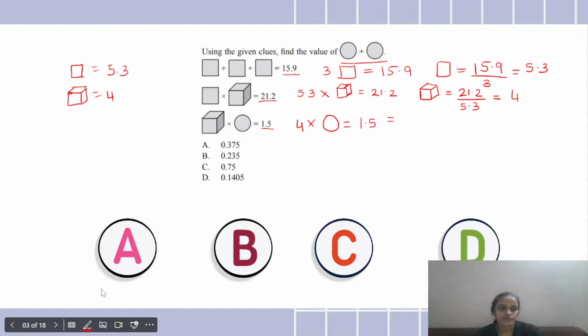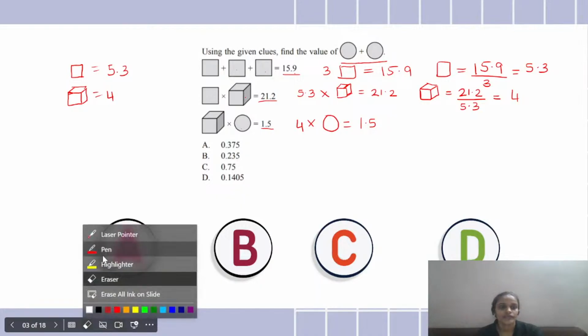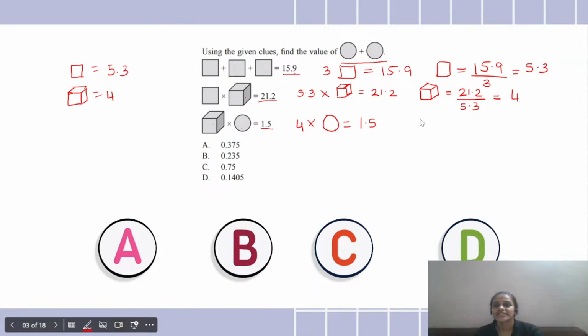So what will my circle be equal to? Here my circle will be equal to 1.5 divided by 4. So 1.5 divided by 4 equals 0.375.